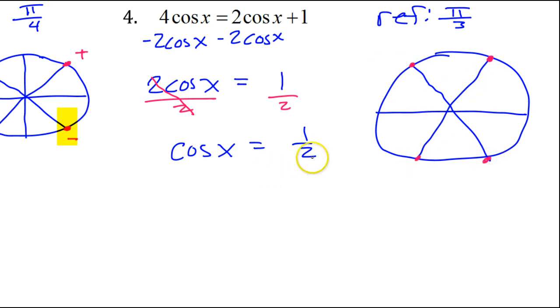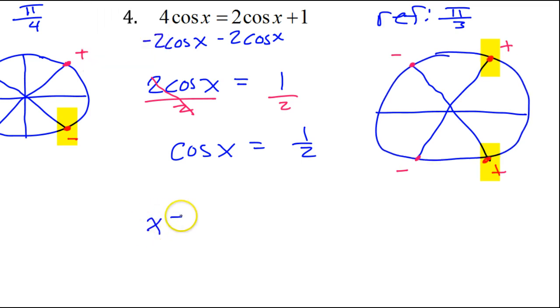All of these will give me some kind of 1/2, the cosine of any of these, but 2 will be positive and 2 will be negative. Because cosine is the x value on the unit circle, these 2 on the right will be positive, where x values are positive, and these 2 on the left will be negative. Since we want the cosine to be positive 1/2, these 2 angles will be the solutions.